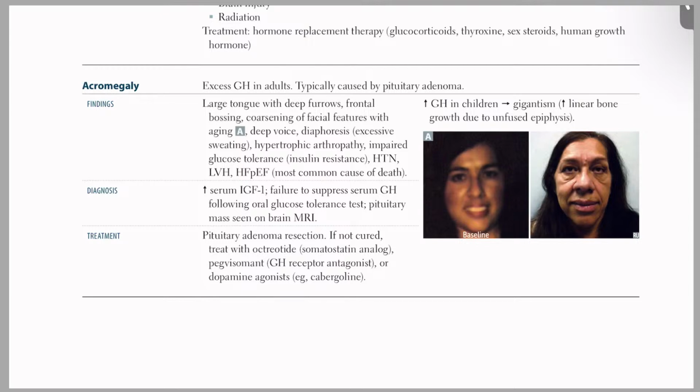Findings: large tongue with deep furrows, frontal bossing, coarsening of facial features with aging, deep voice, diaphoresis, excessive sweating, hypertrophic arthropathy, impaired glucose tolerance, insulin resistance, hypertension, left ventricular hypertrophy, HFpEF. Most common cause of death.